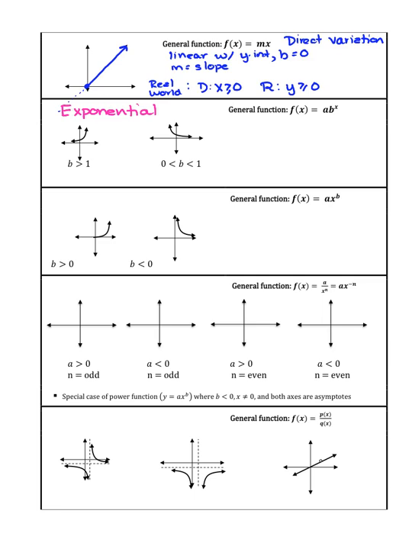So if it is exponential growth, that means you're coming up like this. And if it is exponential decay, notice that here we are assuming in this one that x is going to be a positive value.